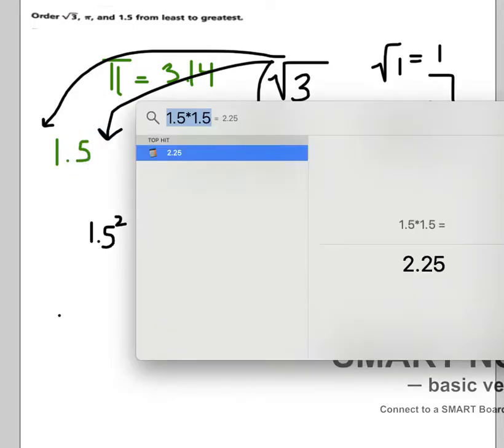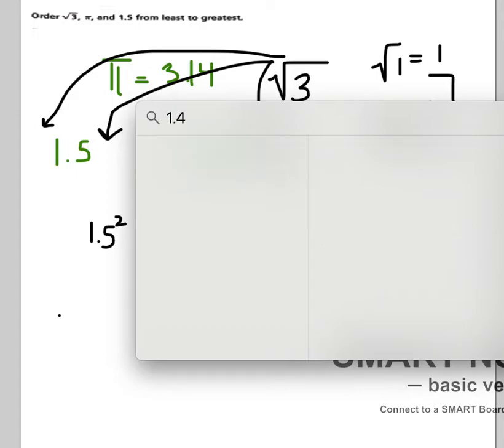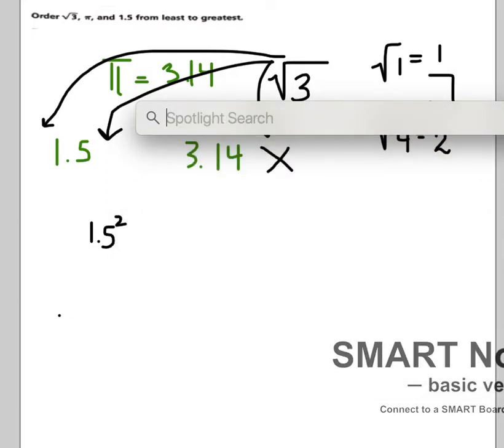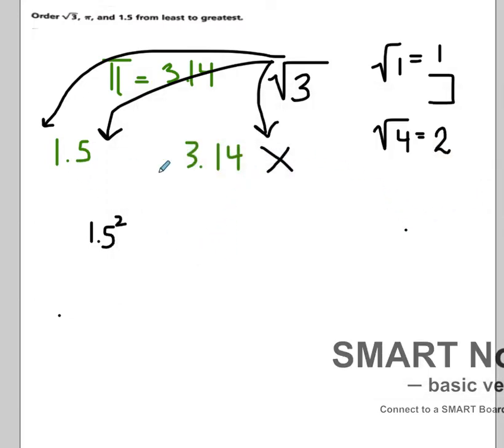Now, just to validate, I'm going to do 1.4 times 1.4 and see if we're closer. And that gets me 1.96. So this, if anything, just proves that the square root of 3 has to be less than 1.5. Then our second greatest number is the 1.5, and our greatest value is pi, because we should know in 8th grade that pi is equal to 3.14.